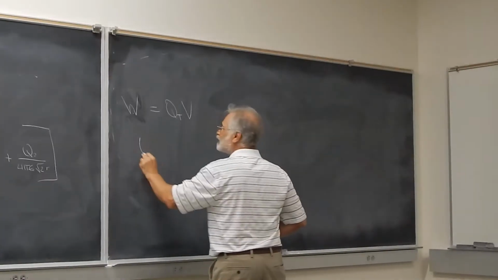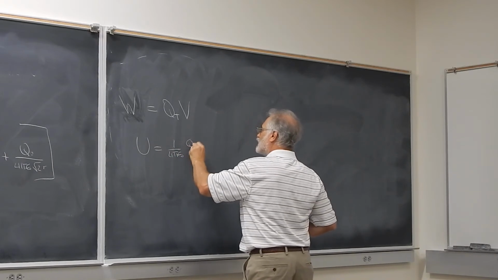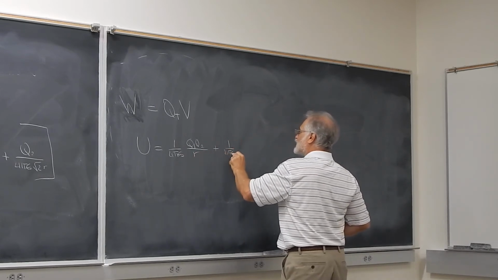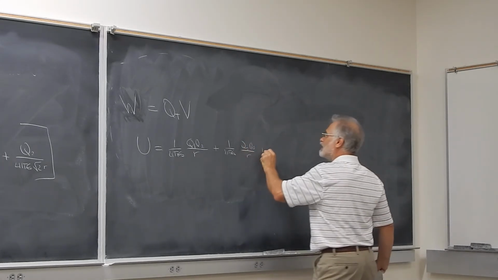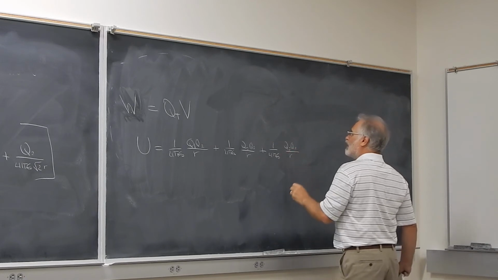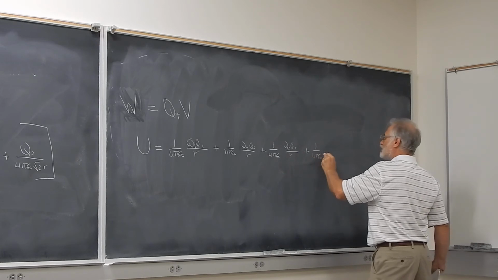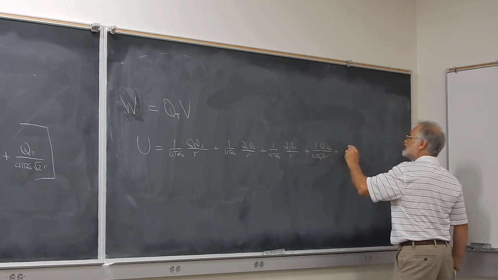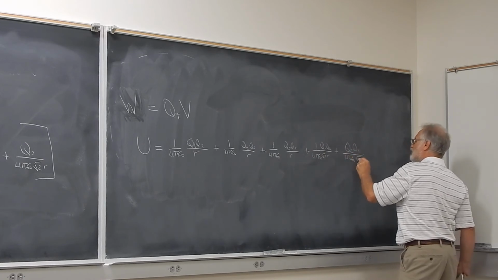That is to say, I could write it as 1 over 4 pi epsilon naught Q1 Q2 over r, plus 1 over 4 pi epsilon naught Q2 Q3 over r, plus 1 over 4 pi epsilon naught Q3 Q4 over r, plus then we have the two diagonals, Q1 Q3 plus Q2 Q4 over 4 pi epsilon naught times the square root of 2 times r.